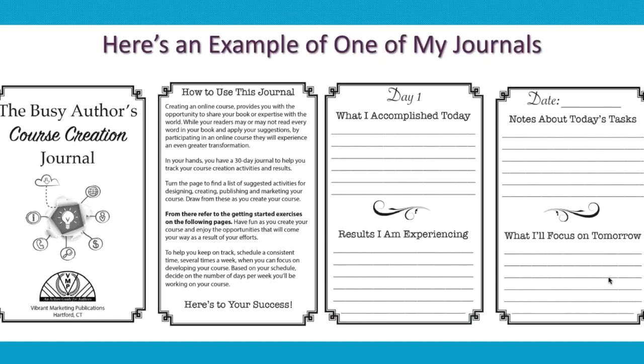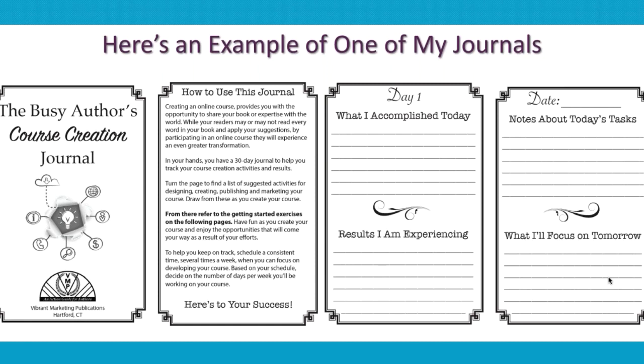So here's an example of one of my journals. I'm going to show you Journals and Workbooks. So you have the cover, and I created it so it's a brand. I believe I have 5 or 6 in this brand, and they all look exactly the same. It just changes that center line of text.